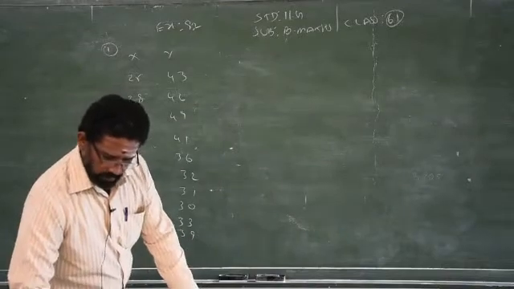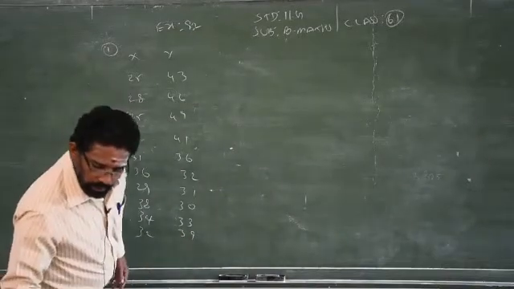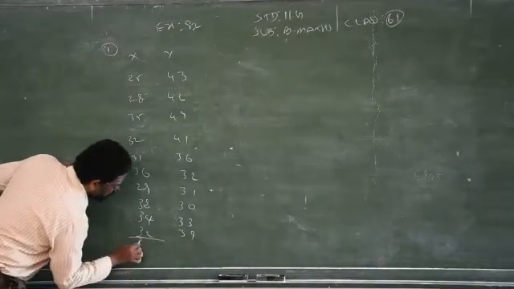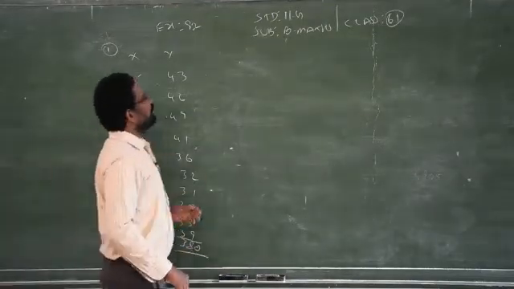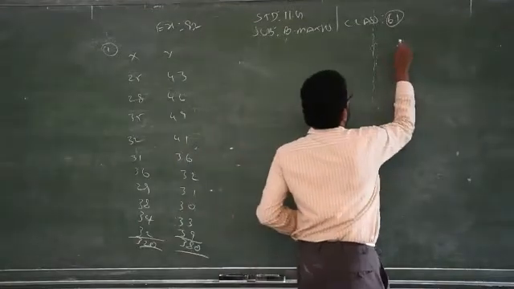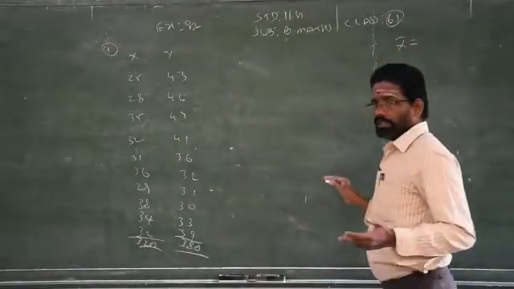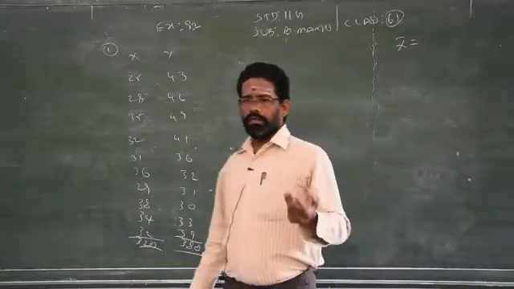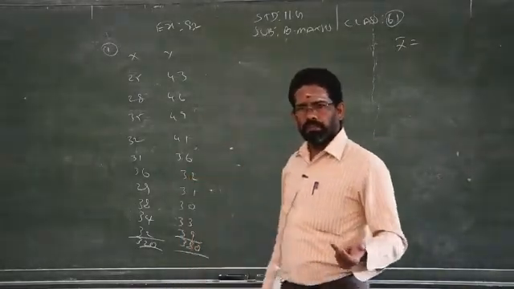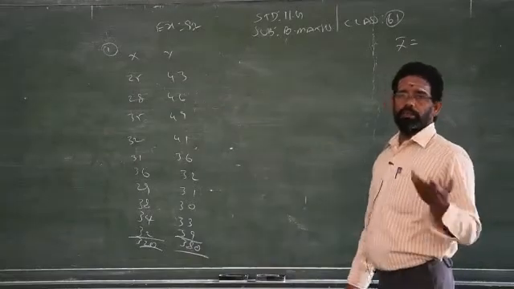So the total of x is 320, and the total of y is 380. Clear? Now you have to find x bar. I told you already, this is just like the previous exercise model: deviation with the mean, deviation with assumed mean, and without deviation.